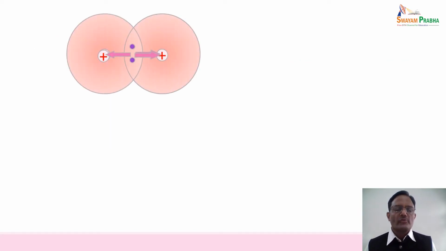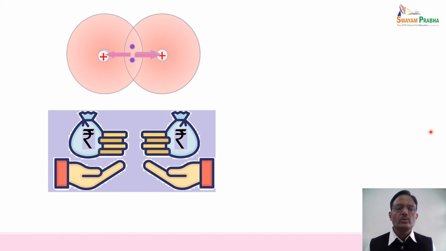Consider that if you have two atoms and the nuclear force of attraction is equal in both the atoms, what will happen? This electron pair will be located exactly at the center; in general, the probability of finding this electron pair is maximum at the center. This is similar to a simple example.